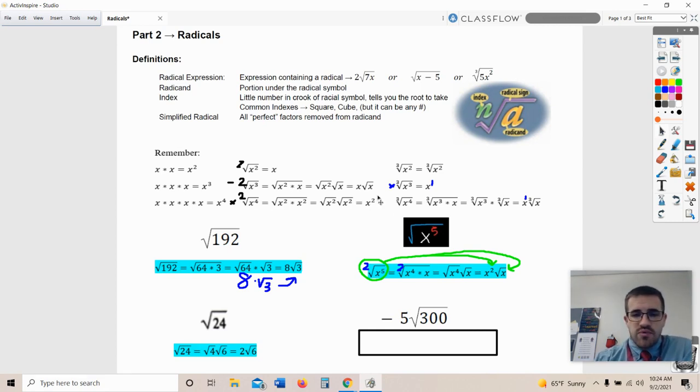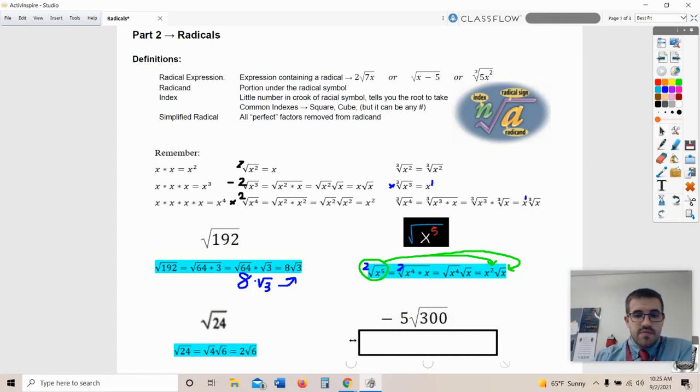And then this last one, we have a number on the outside, -5. So just don't think about the -5. Focus on the square root of 300. So go ahead, pause it and see if you can figure out what 300 factors into that has a perfect square.